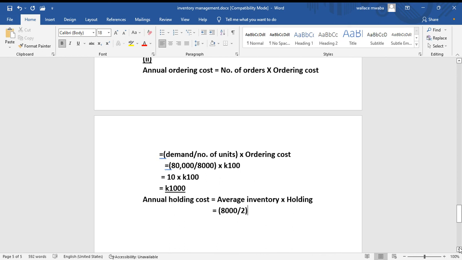Then our annual holding cost per unit is 25 ngwe.